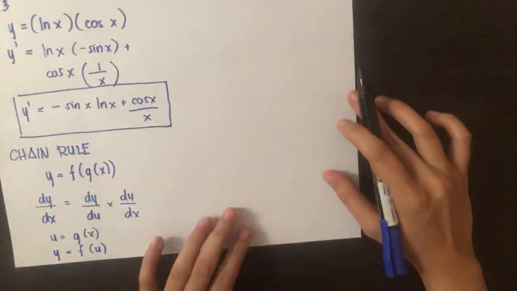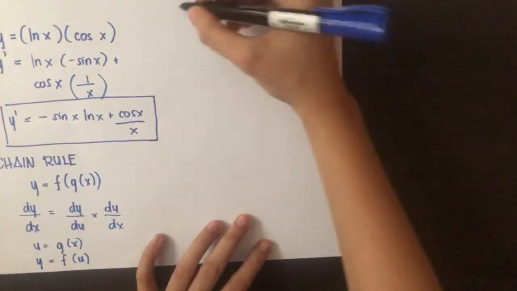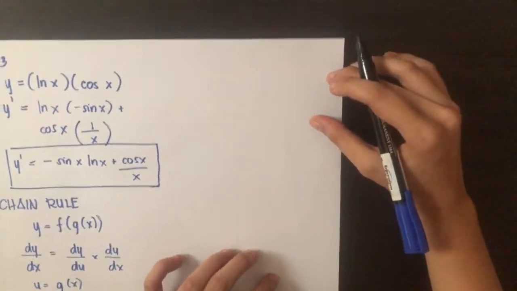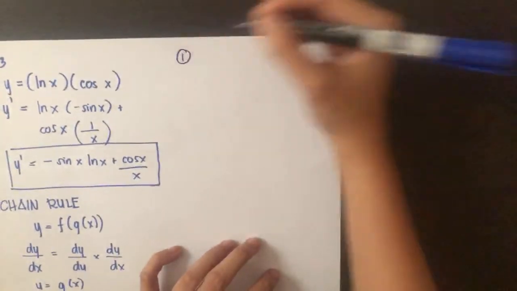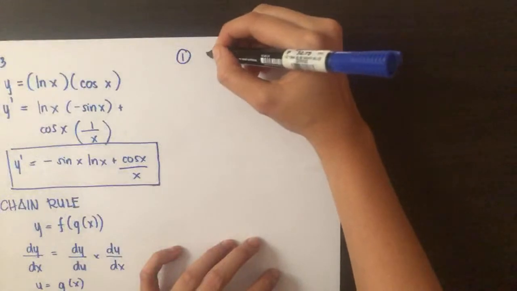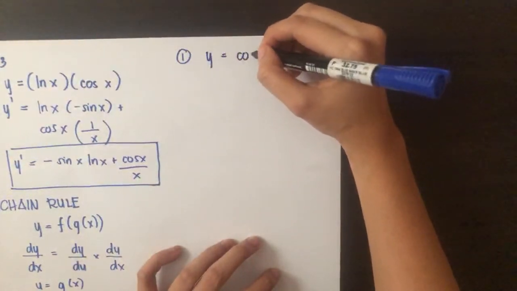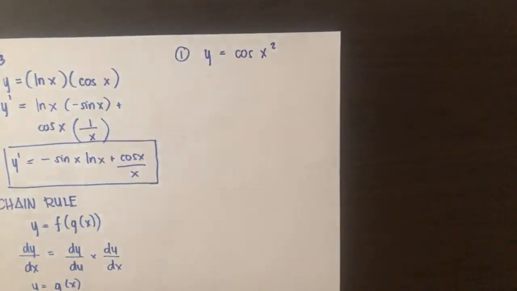Let's illustrate na lang with an example. So, example number 1. Ayan. Y is equal to cosine of x squared.